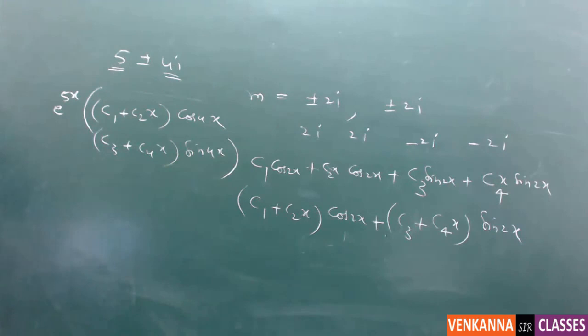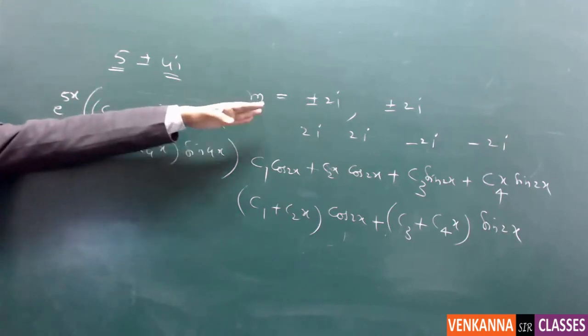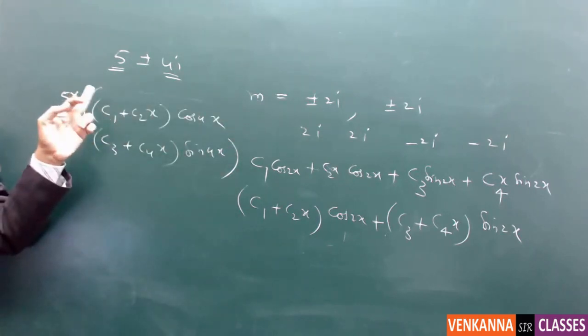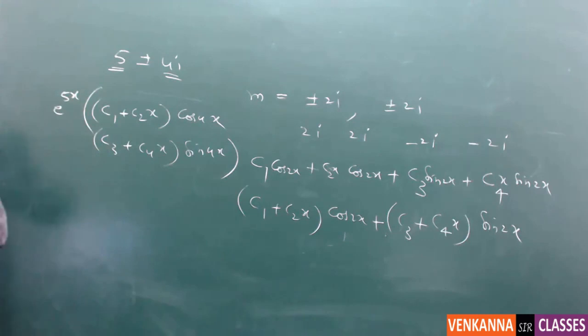Okay? Is it fine? In the previous example, the real part is absent. Here the real part is present. That is the only difference. Except for that, everything is common.